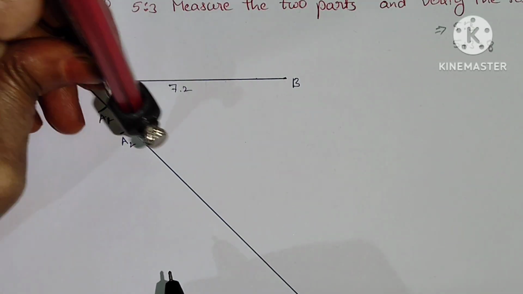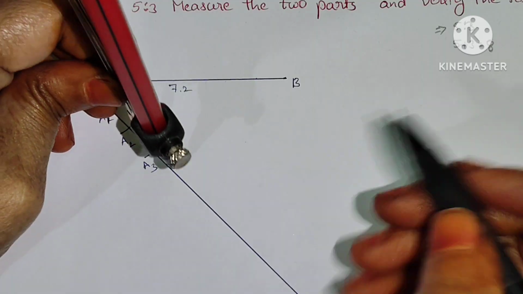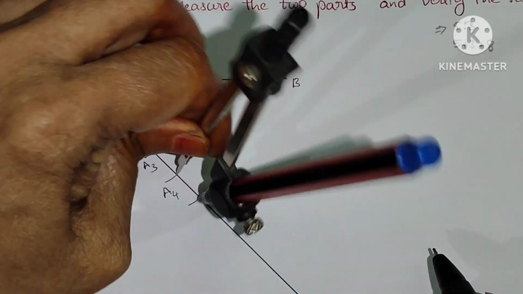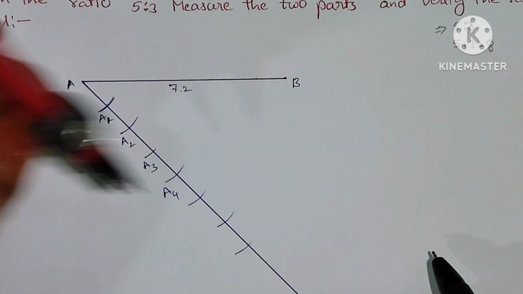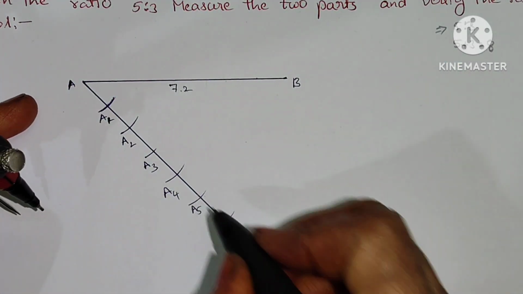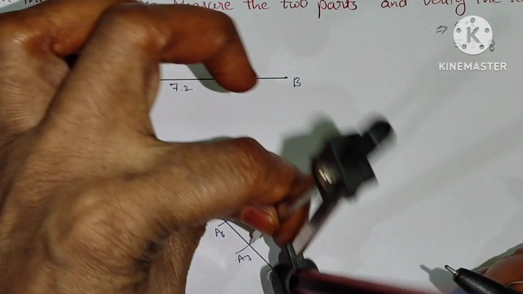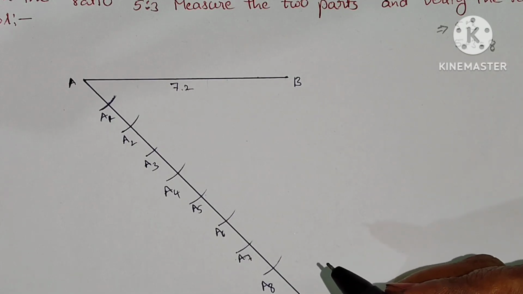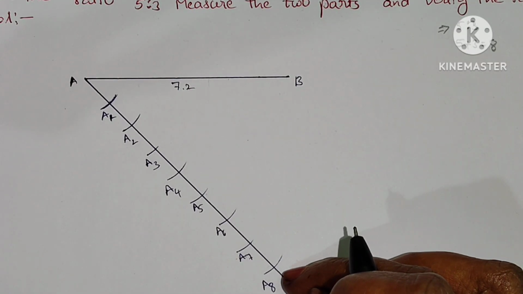Next, based on A2, we draw another arc, A3. Then A4, again another arc with the same radius. Here we draw a total of 8 arcs: A5, A6, A7, A8.